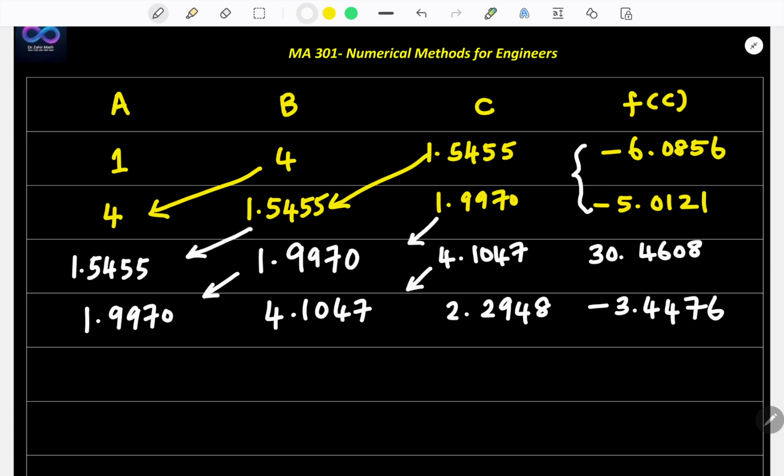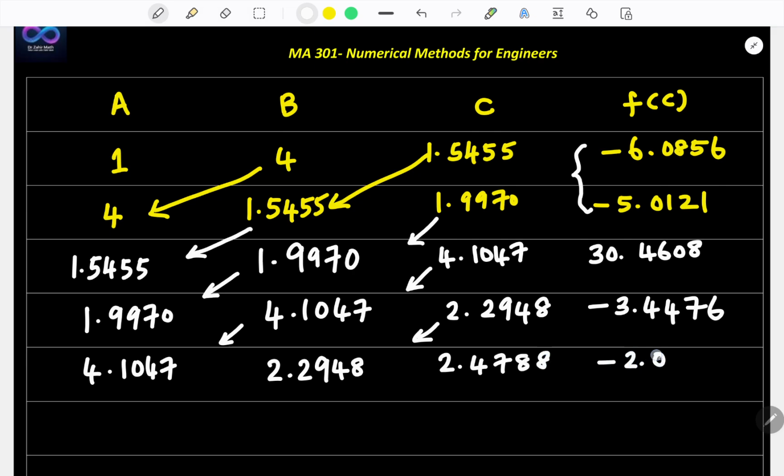Okay, right. The next I'm going to take this one, 4.1047, and this one, 2.2948, and press equal. Press your calculator. A value is 4.1047 and the B value is 2.2948, press equal and I will get the next one, 2.4788, and the f of C value is negative 2.0579.